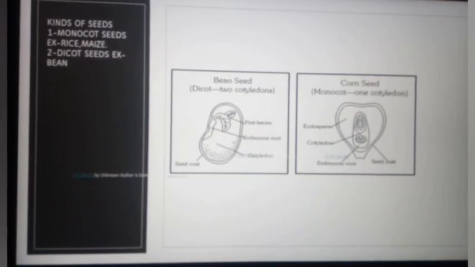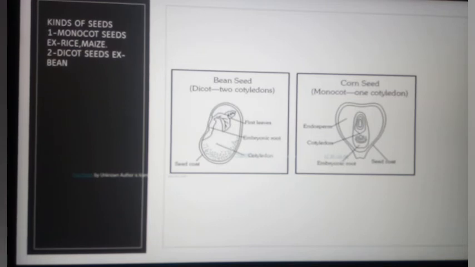Now what is the difference? If you have observed a gram seed, it can be broken, and when it is broken, two parts we can see very easily. The same way in the bean seed also.